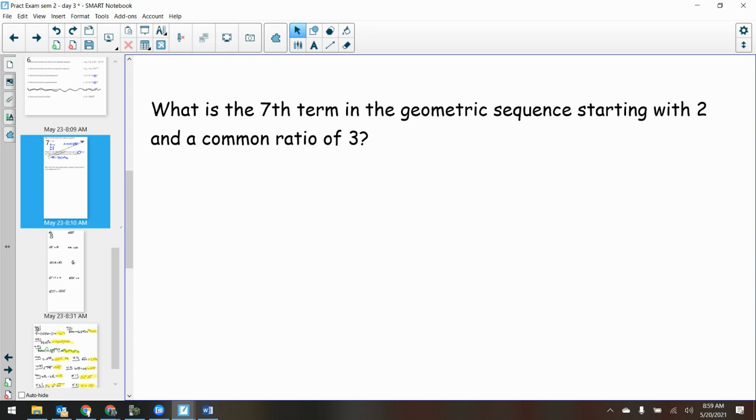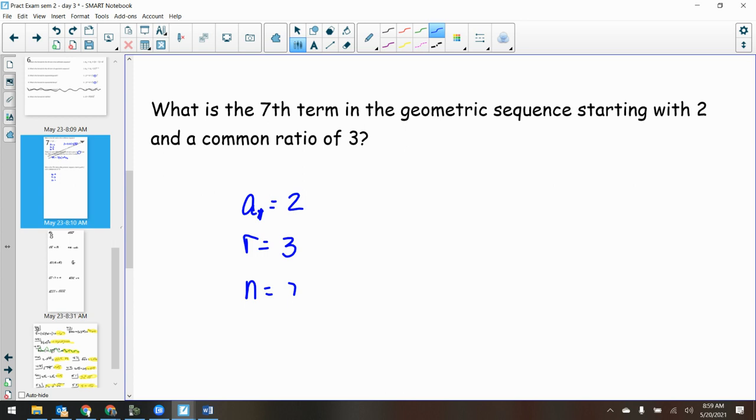What is the seventh term of the geometric sequence starting with 2 and a common ratio of 3? So that means a sub 1 is 2, my r value is 3, and my n value is 7.